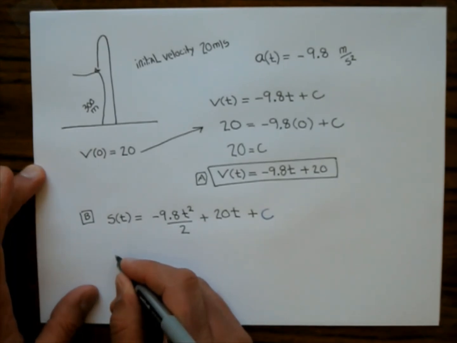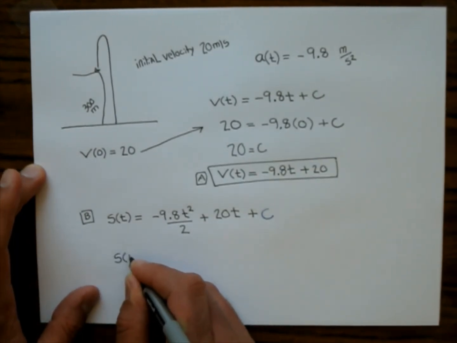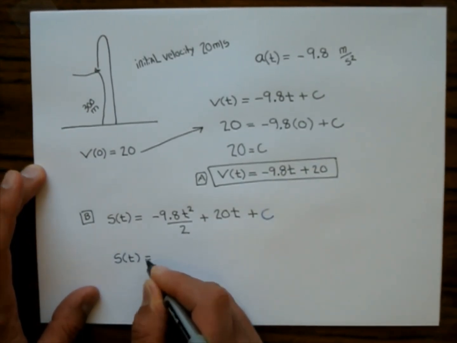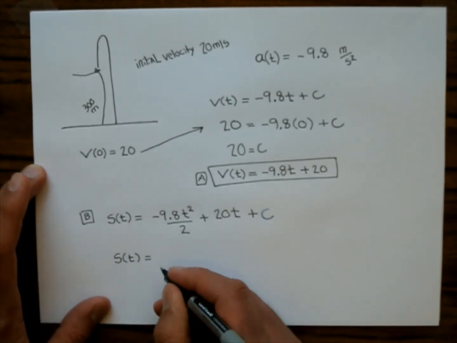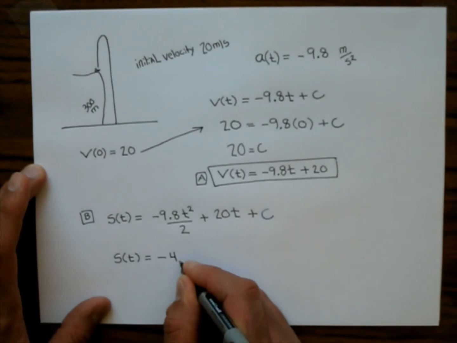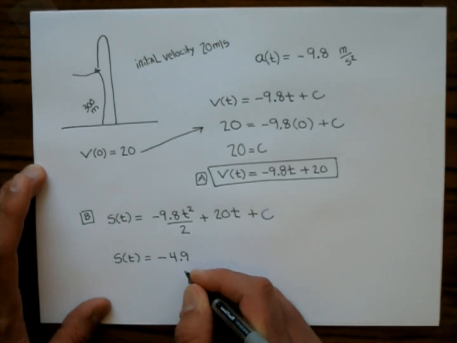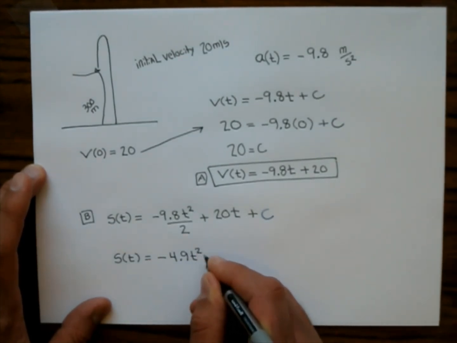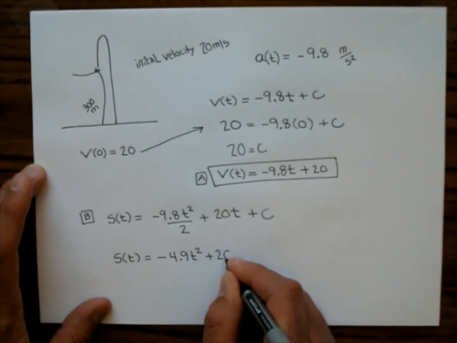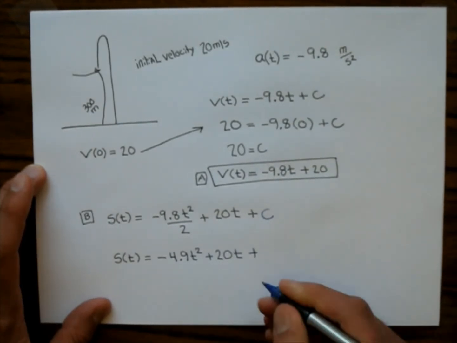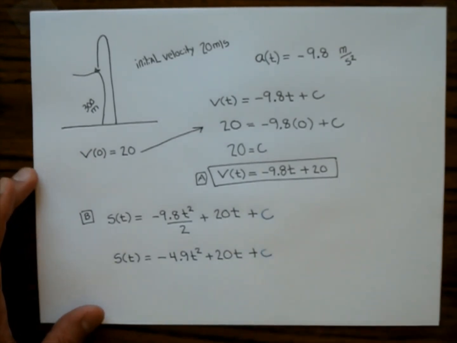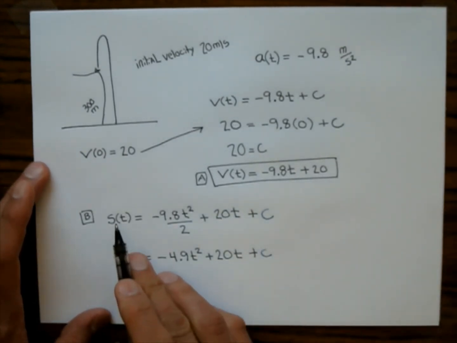So what do we have here? We have s of t equals, well, 9.8 divided by 2 is 4.9, so this is going to be 4.9 t squared plus 20t plus c. Okay, so here's the deal.